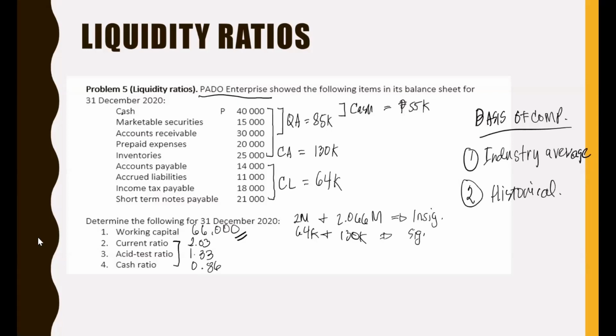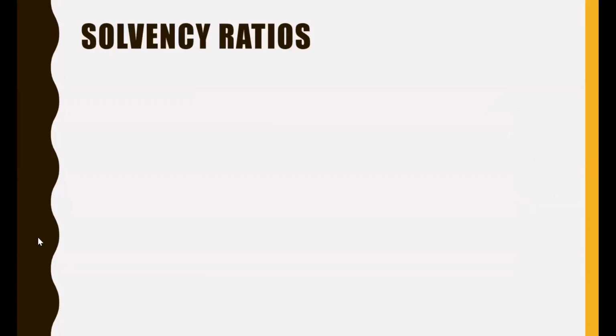Okay? So, that's it for liquidity ratios. So, let's proceed to the next set of ratios, and this is your solvency ratio. Sabi natin kanina, solvency ratios is the ability of the company to survive in the long run.